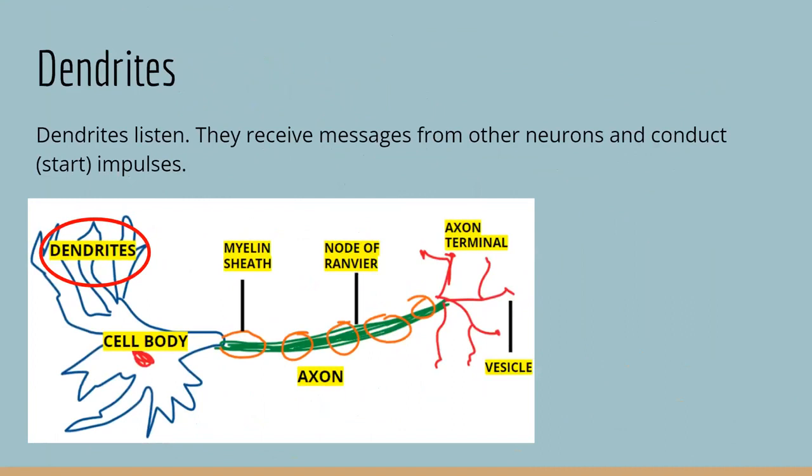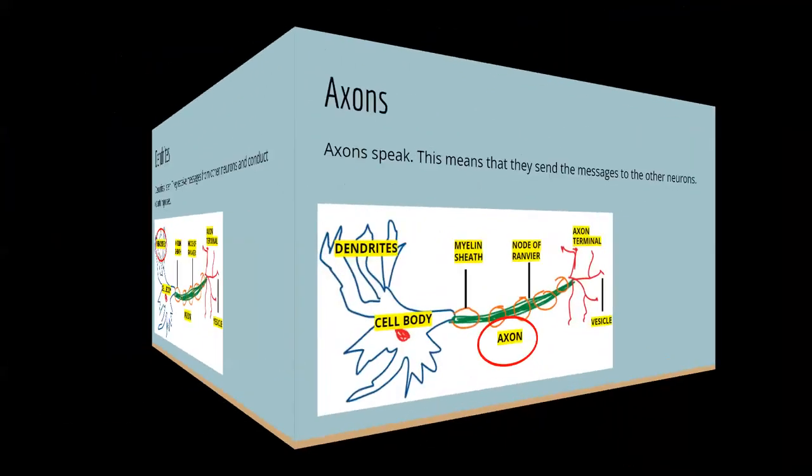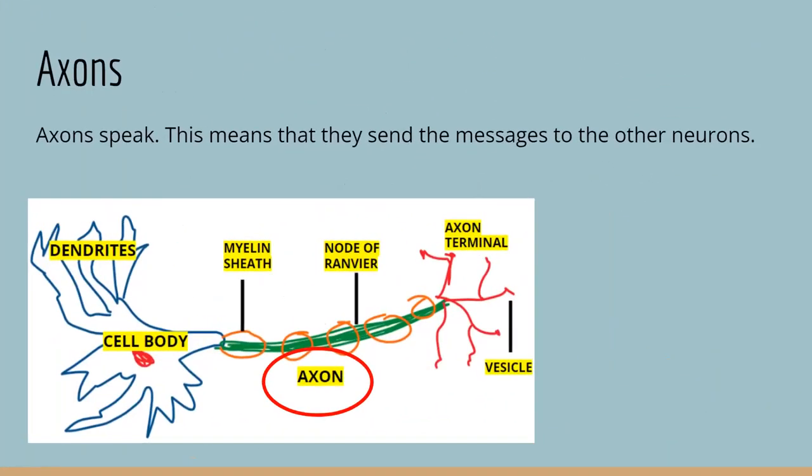Dendrites, listen, they receive messages from other neurons, and they are the things that conduct the impulses. The axons speak. So when the neurons receive the messages, the axons can send the messages to other neurons.